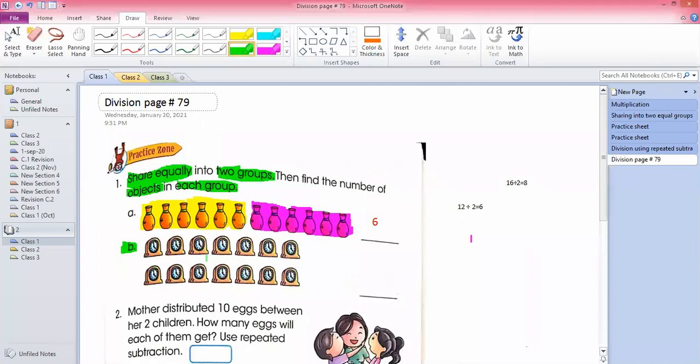You mean 7 clocks in one group? Yes. How do you know? How are you dividing? 2, 2. You are distributing two to each group? 2 by 2? Yes. Okay, that's very good.